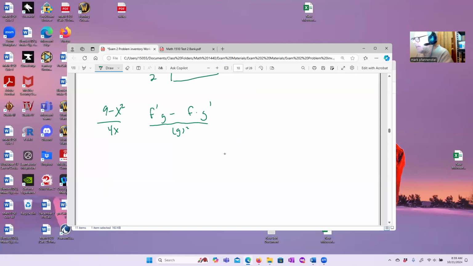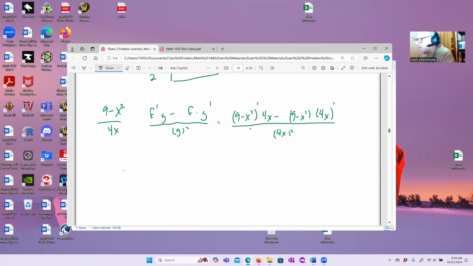I always like to set up the problems first. So I'm going to take the derivative of the top times 4x, minus the problem, 9 minus x squared, times the derivative of 4x, all divided by 4x squared. Let's take that derivative now.